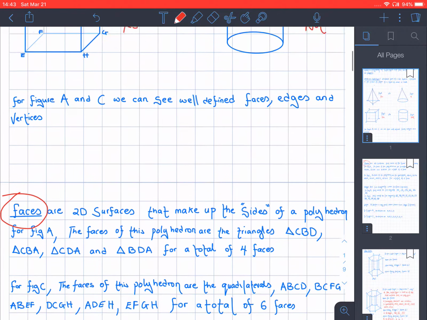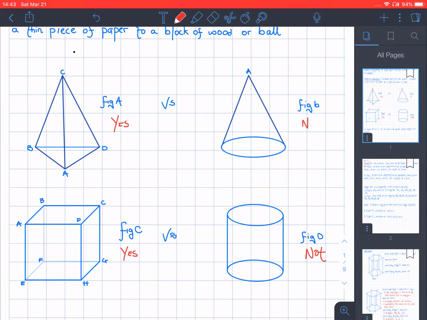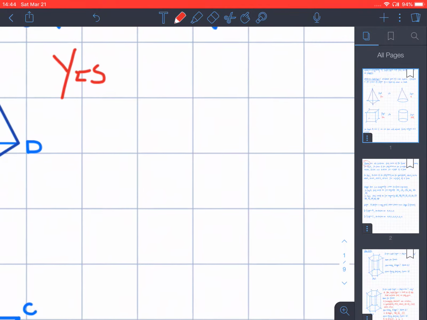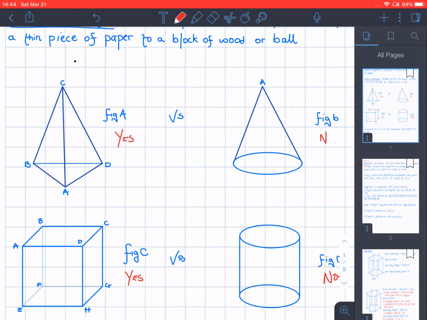For figure A, if we scroll back up, we can see that each of these triangle sides, so if we could write that down, that would be triangle CDA. We can see triangle CBA. We can see triangle BDA.